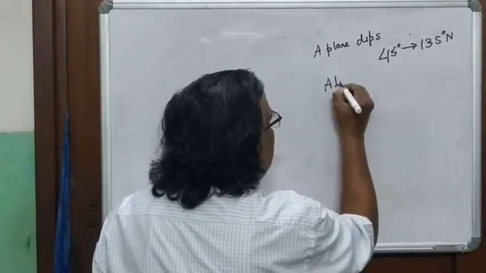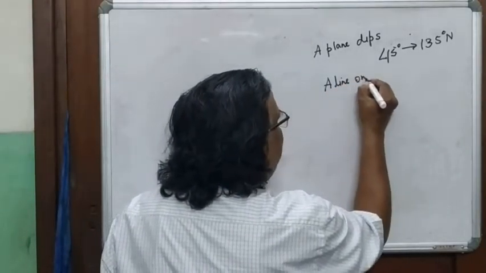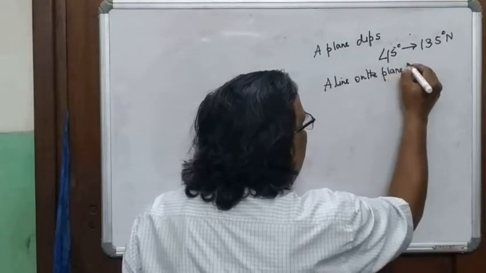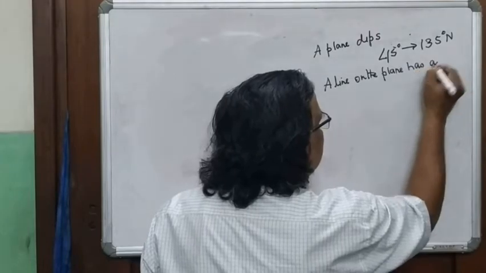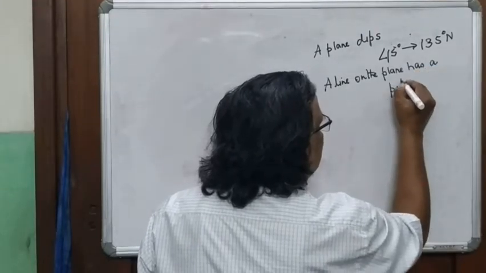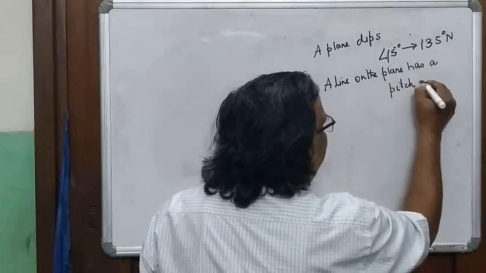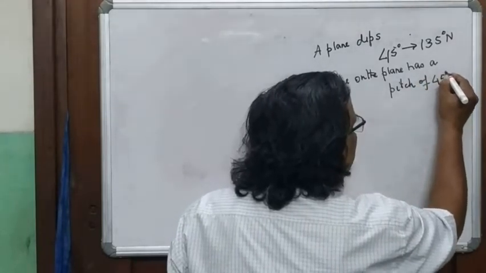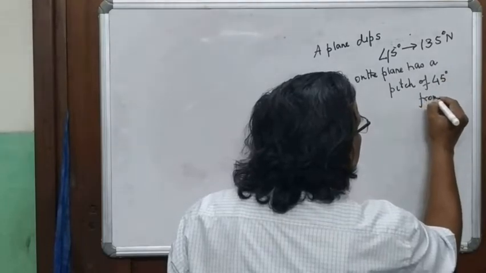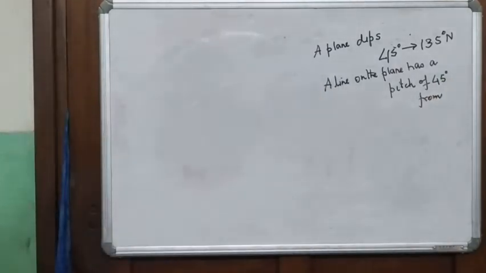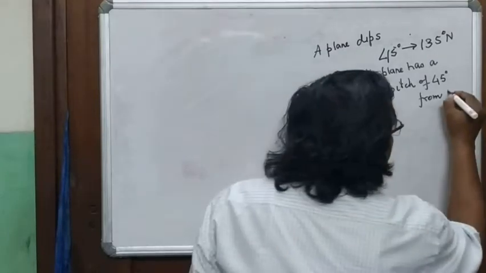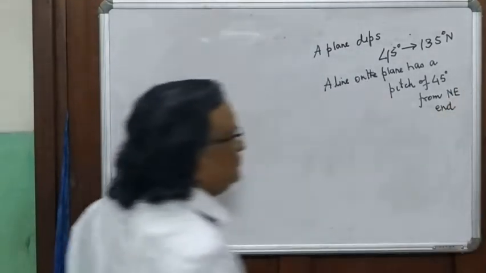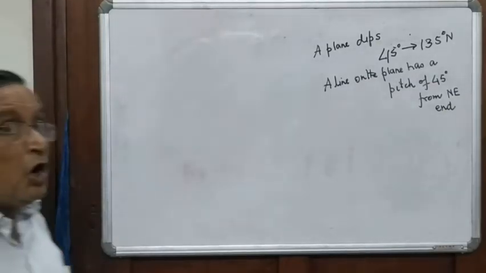A line on the plane has a pitch of 45 degrees from the northeast end.